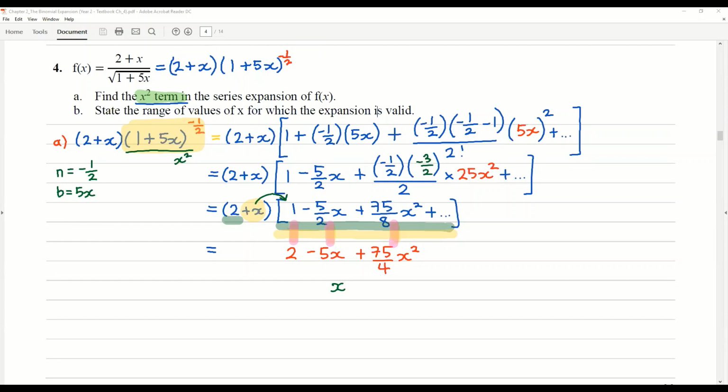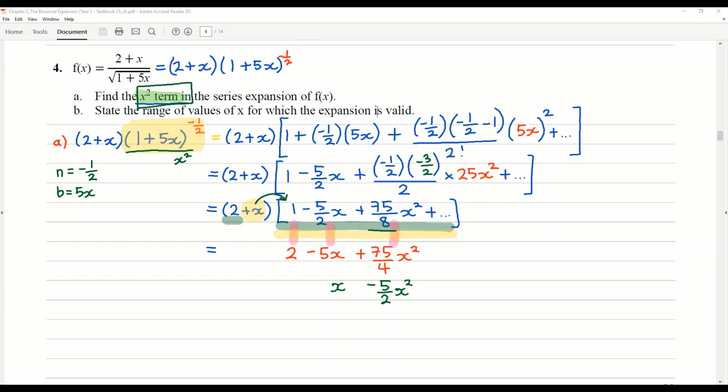So it's going to be x multiplying negative 5 over 2. So that's going to be negative 5 over 2 x squared. So the powers of x just increase. And then I could, in theory, do x multiplied by the 75 over 8 x squared here. But I don't need to do that because that's going to give me an x cubed term. And I'm not interested in the x cubed terms. I'm only interested in the x squared terms as stated previously.